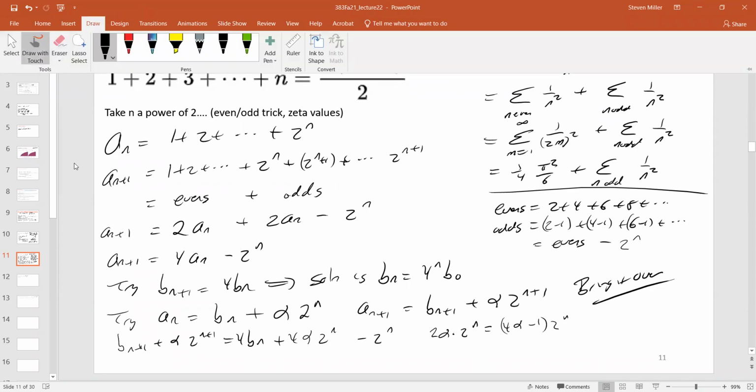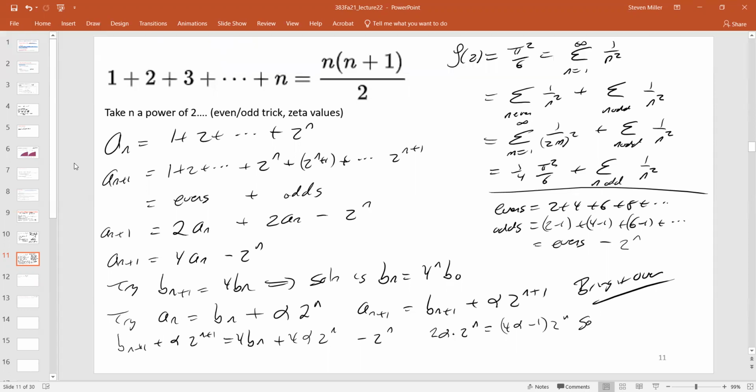Do you agree? So what do I need alpha to equal? I want 2 alpha to equal 4 alpha minus 1. So 1 equals 2 alpha. So alpha equals 1/2.